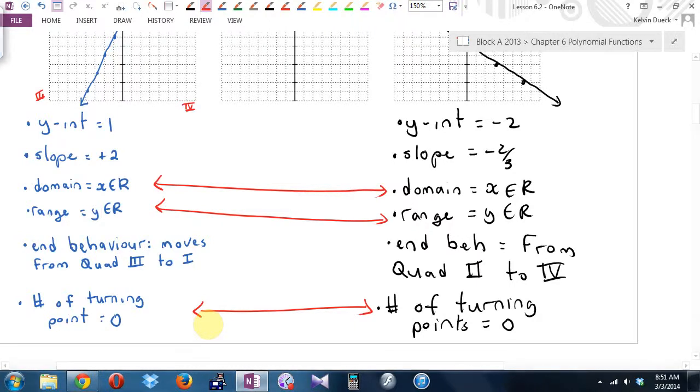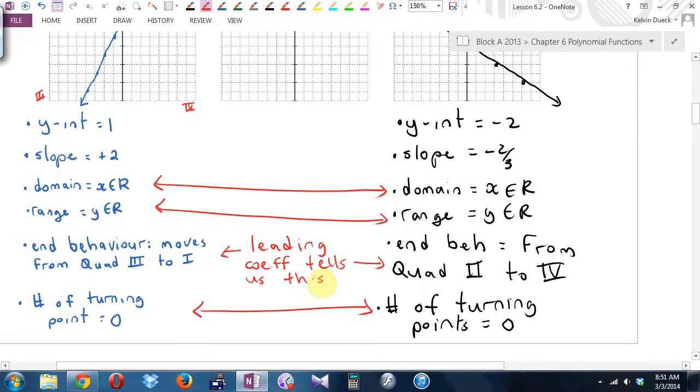Which of these are influenced by the leading coefficient? Which of these can you tell just by looking at the leading coefficient? Right?